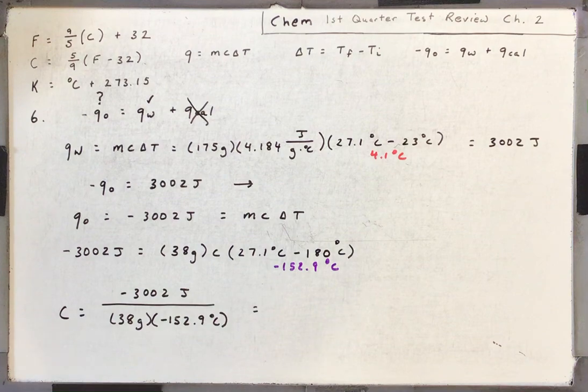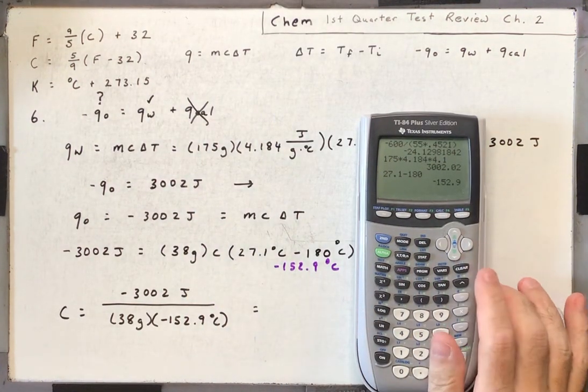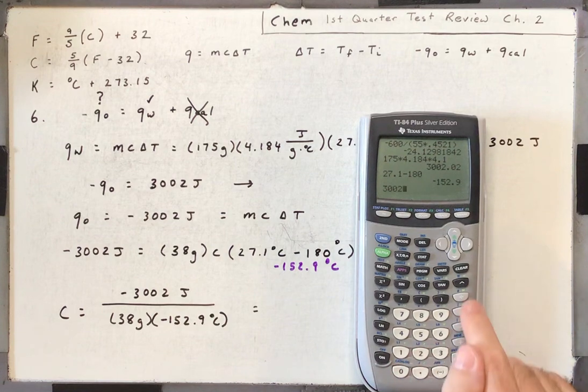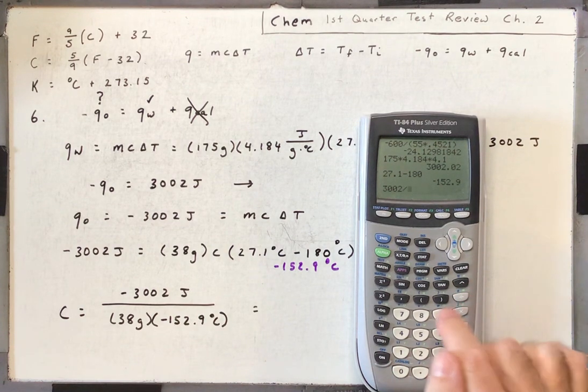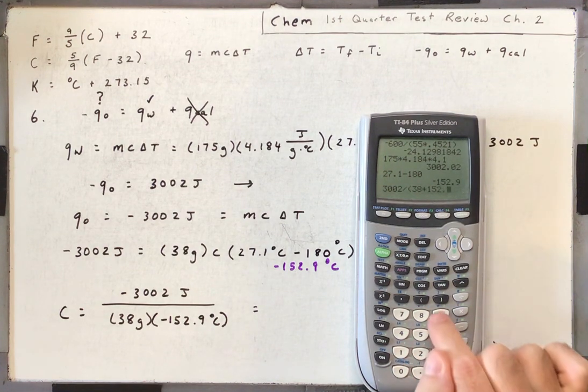So if you'll look at the units, that'll help keep you from doing the algebra backwards. All right, I've got a negative on top and a negative on bottom. That's going to cancel out, so I'm not even going to put the negative in the calculator. So I've got 3002 divided by, left parenthesis, 38 times 152.9.